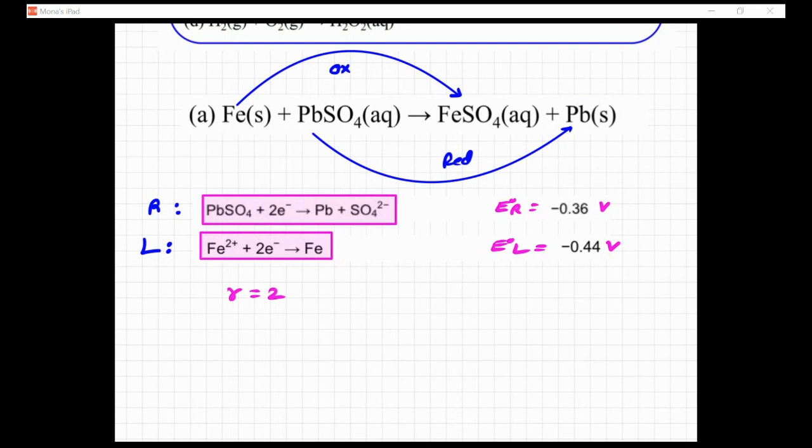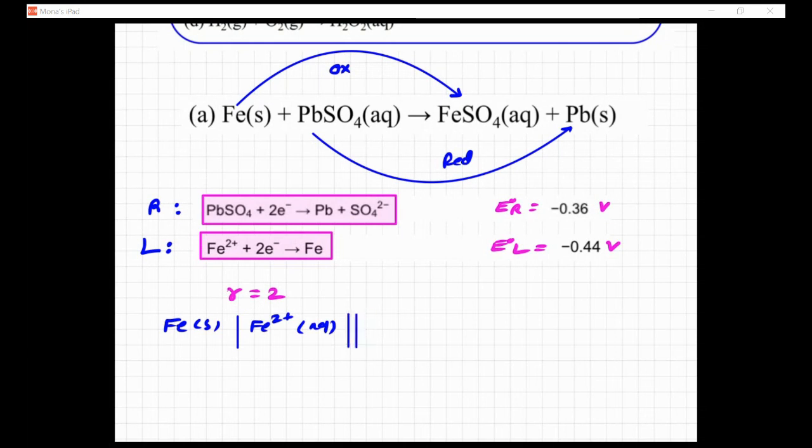We start with the left, right? So we have the left. That should be Fe solid here. Of course, this one is solid, this is aqueous. So Fe solid, then I have Fe2 plus aqueous. Then I have a salt bridge here.